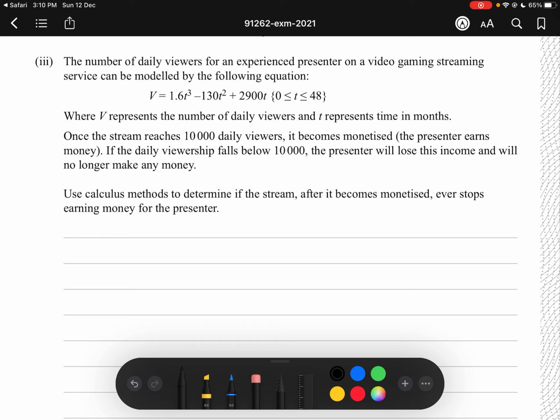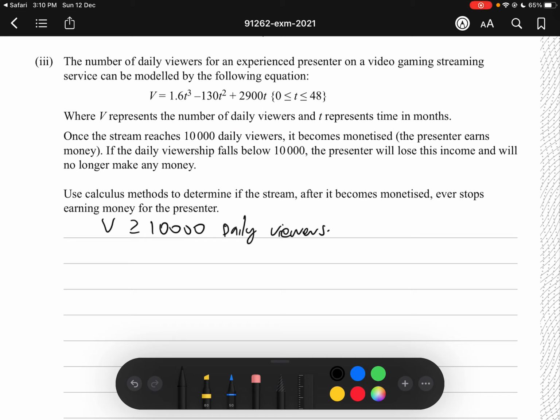Alright, so we know that it will become monetized when V is greater than or equal to 10,000 daily viewers. This question seems a bit daunting at the start, but the key to solving it, I would say, is to differentiate the function, which gives the rate of change, and look at the points where the function is increasing and decreasing.